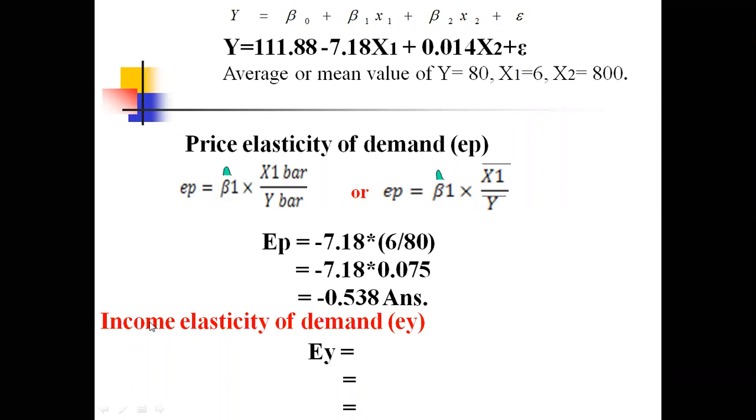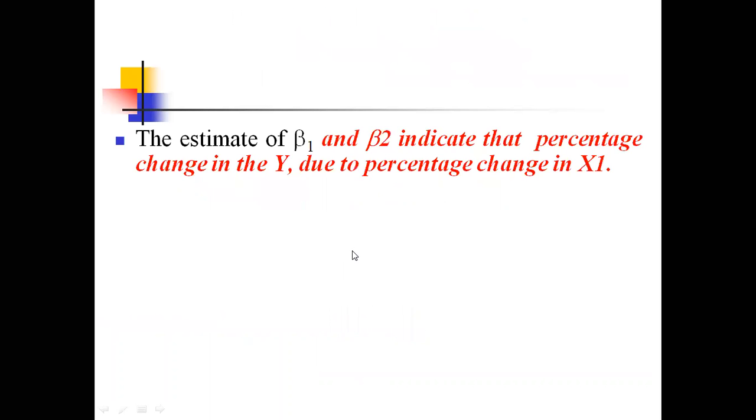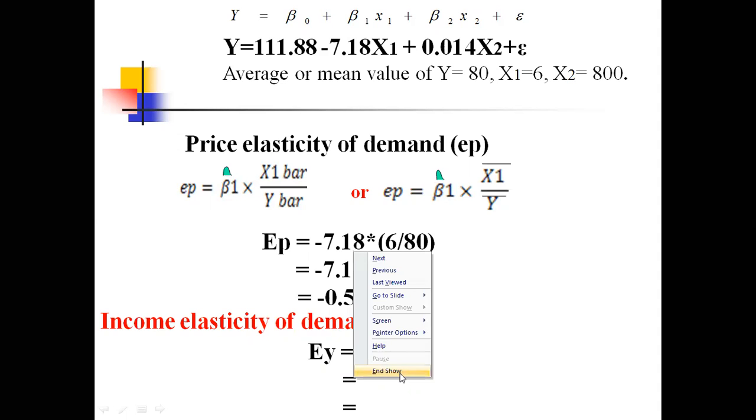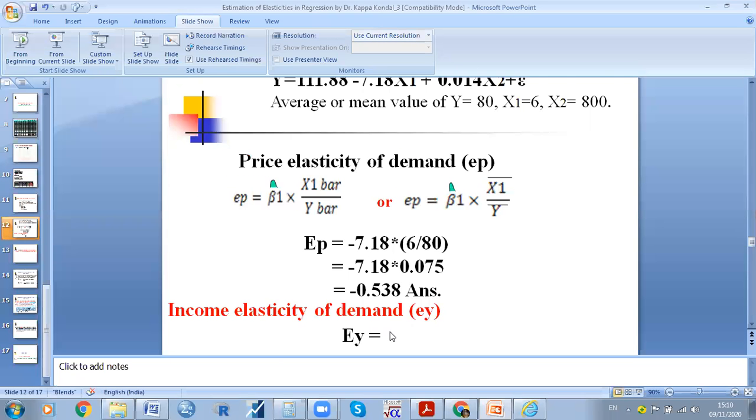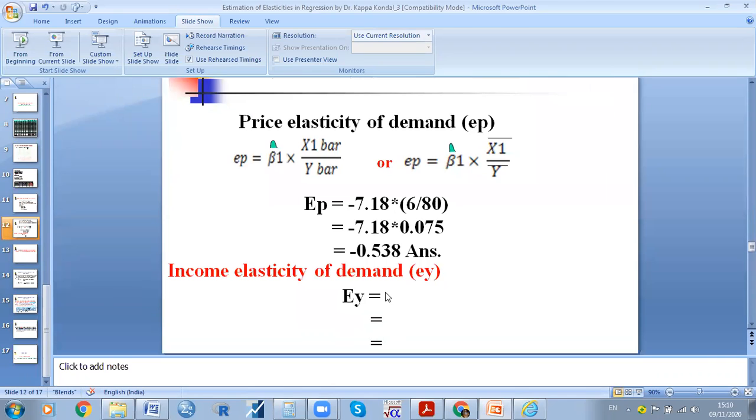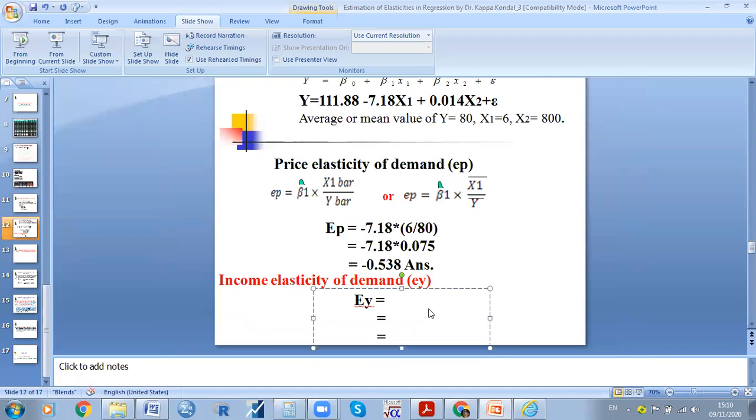Then see, income elasticity of demand. How can we estimate the income elasticity of demand? Here the coefficient beta 2 is 0.014.